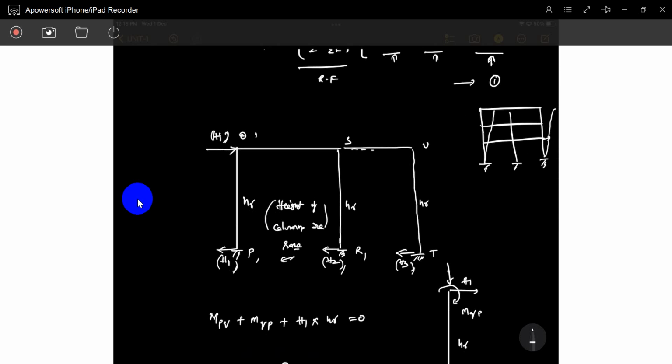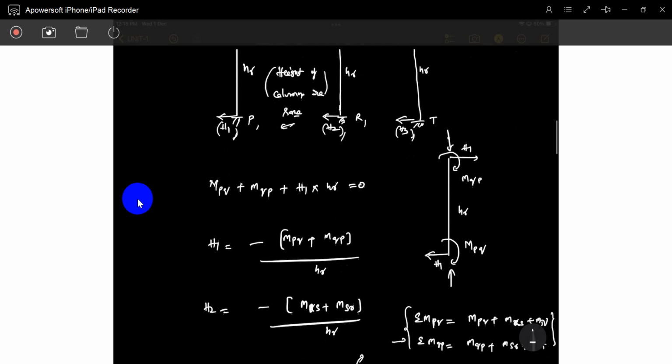Understood? In the proportion of their stiffnesses. So, in the proportion of the stiffnesses of what? The stiffnesses of the columns. Understood?